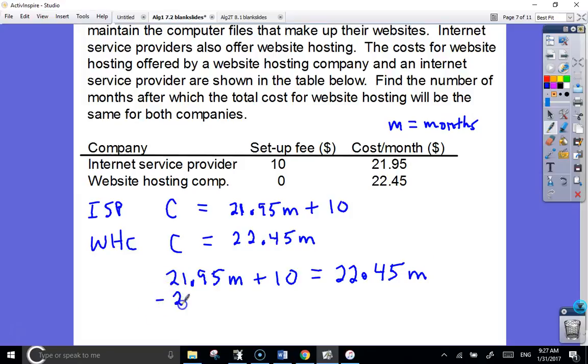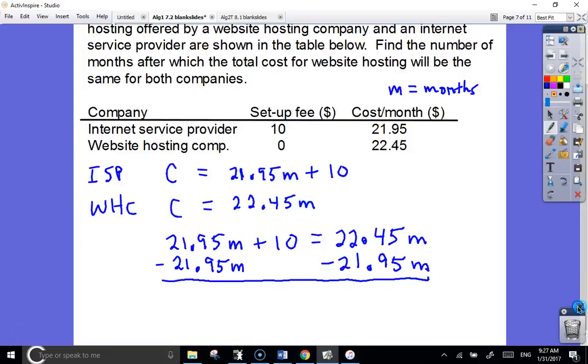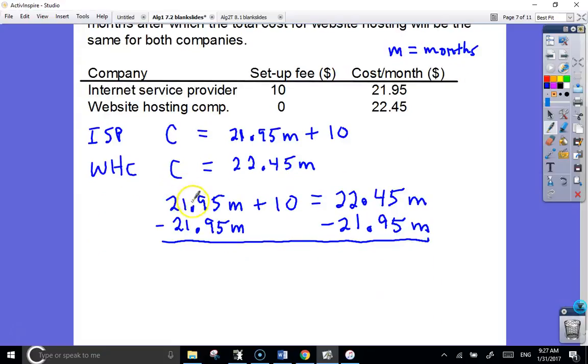Minus 21.95 times M. Okay, these cancel. I got 10 equals. What's 22.45 minus 21.95? 0.5 times M. Okay, last step. Divide by 0.5.